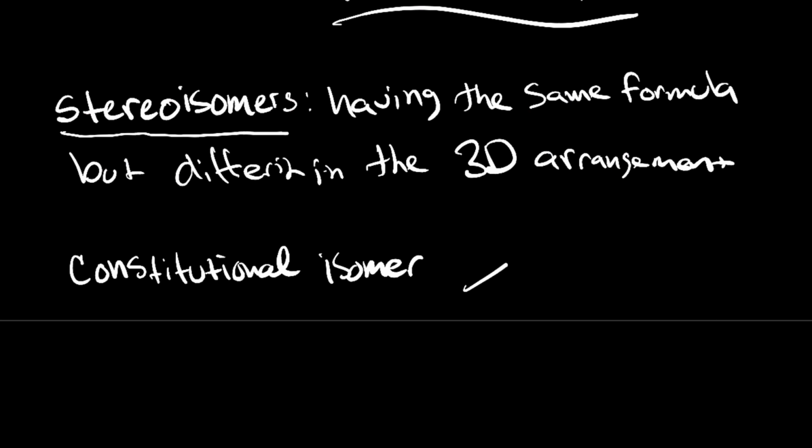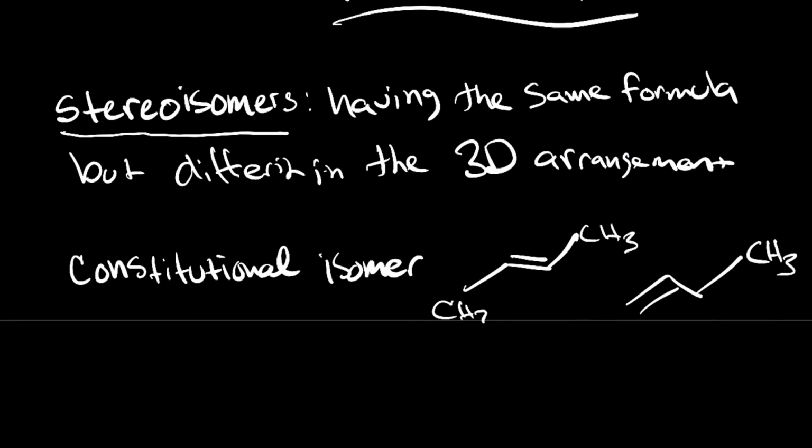The difference between these two configurations, where that's a CH3 and that's a CH3, is that it would be a constitutional isomer. The bonds actually exist in different positions, right? So this is an sp3 carbon at the end, and this is an sp2 carbon. That's fundamentally different. There's a constitutional difference between these two compounds.